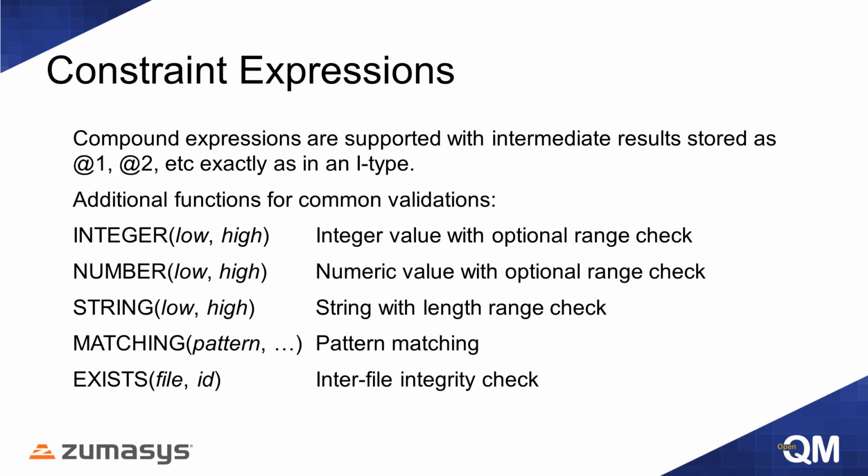The string function is checking whether the data is a character string within a particular length range. The matching function checks against pattern matching and can take multiple patterns, just like the matches function of BASIC. And the exists is a file integrity check, and it's the only interfile check we have of any sort in here, just checking that the field in my current file exists as a record in some other file.